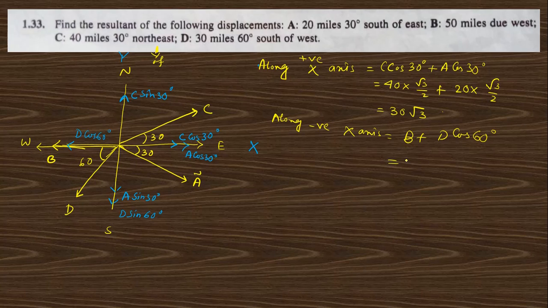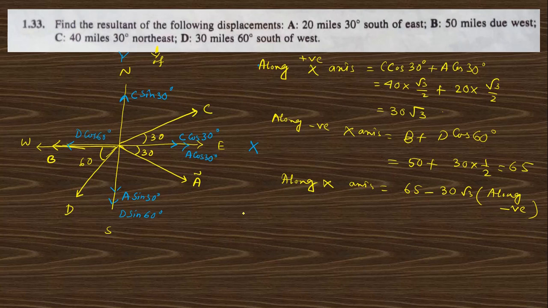B is 50 and D is 30, cos 60 is half, so this is 15, so this is 65. Since 65 is greater than 30 root 3, along the x-axis the resultant will be 65 minus 30 root 3 along negative.